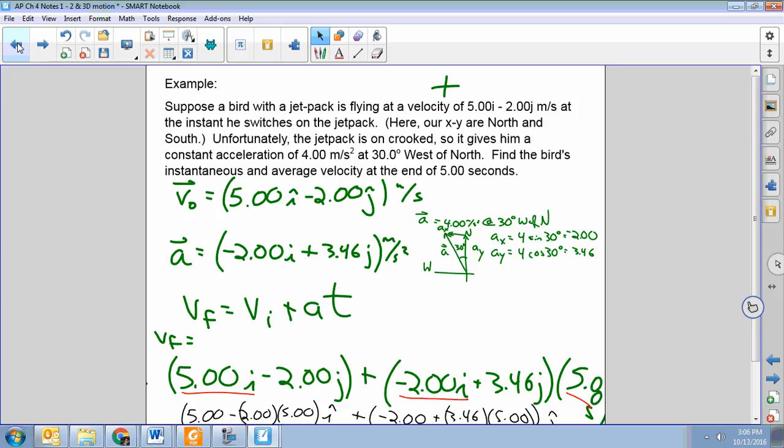So plug in 0 for t, plug in 2 for t, so that'll give you a final position and an initial. Subtract those. And then you subtract them component wise. So you're going to do i minus i, j minus j, k minus k, and then divide that by 2. Does that make sense? That's just because that's how you subtract vectors. You can't just subtract magnitudes. You've got to take direction into consideration.